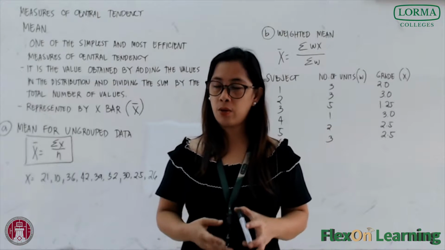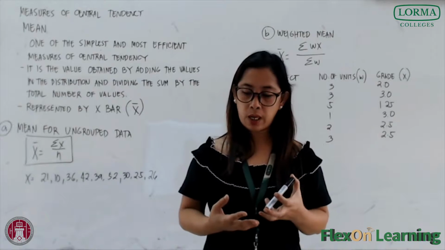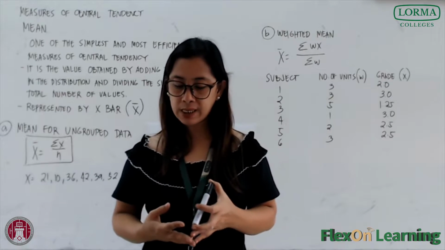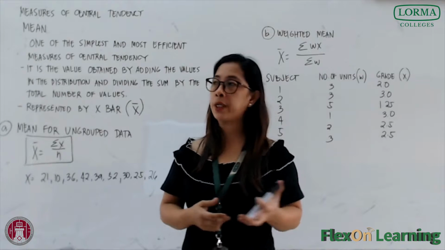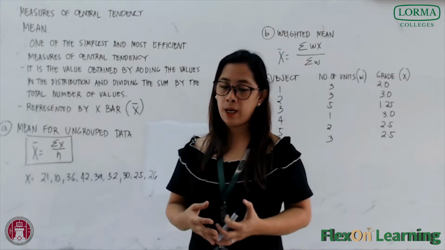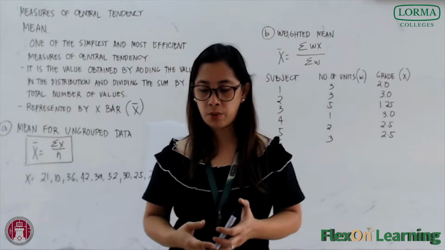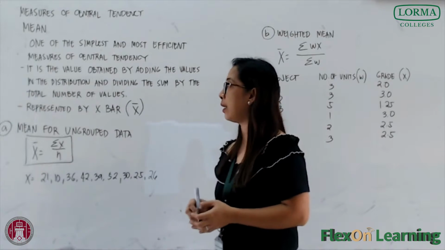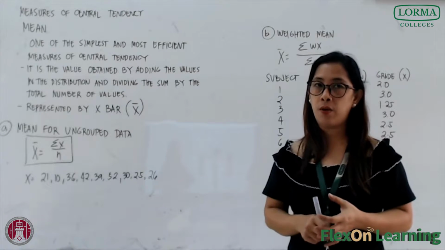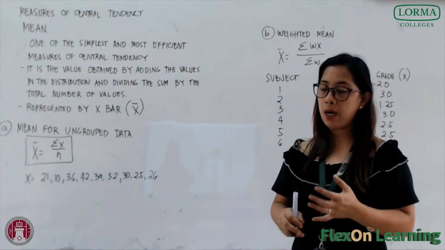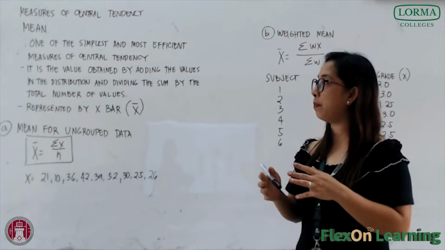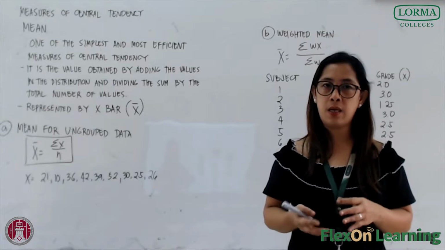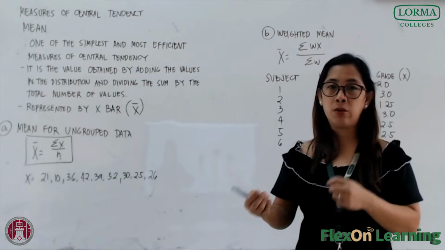In one or two values, we can have a summarized presentation of important concepts of this frequency distribution. There are three types of measures of central tendency: the mean, median, and mode. And for every measure of central tendency, we have ungrouped and grouped data.